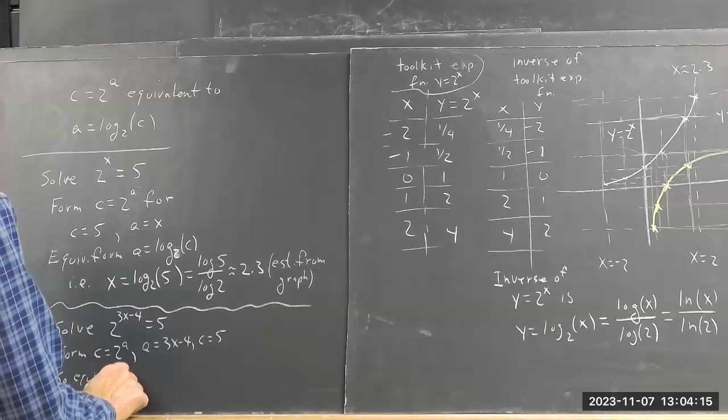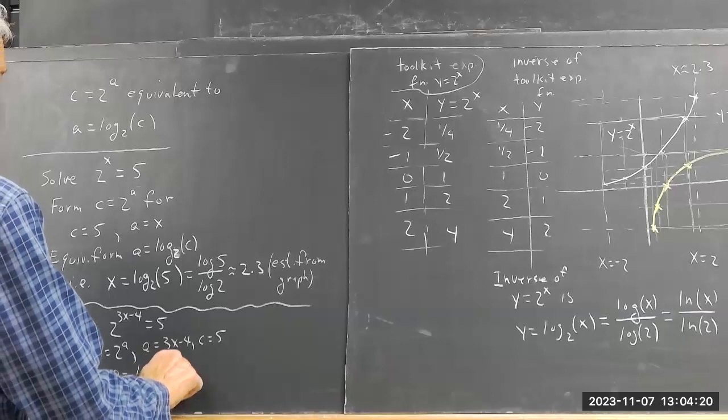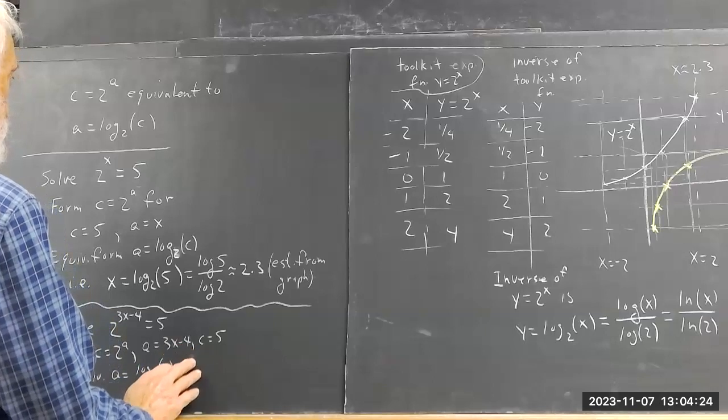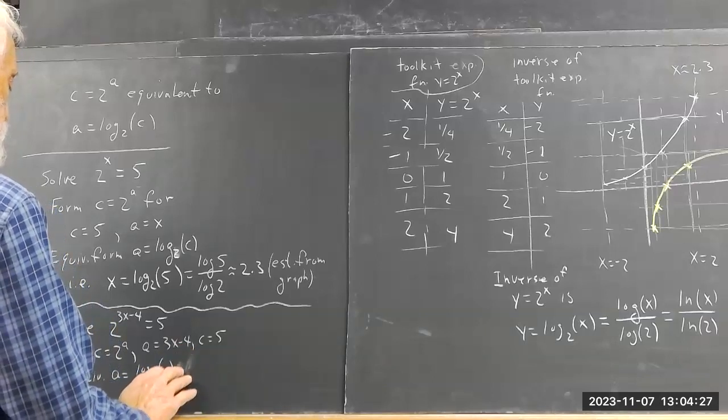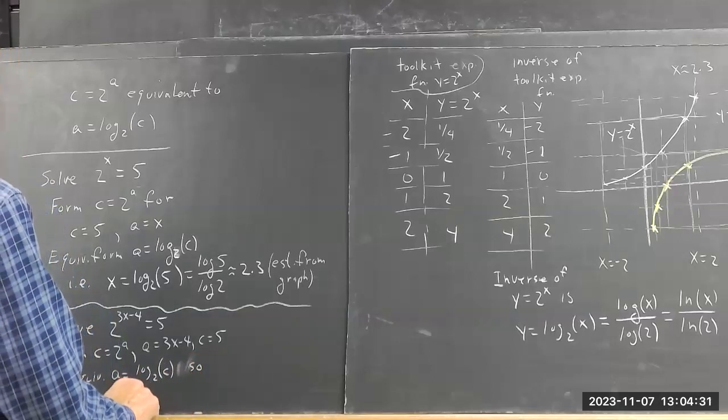The equivalent form is a equals log base 2 of c, of 5.